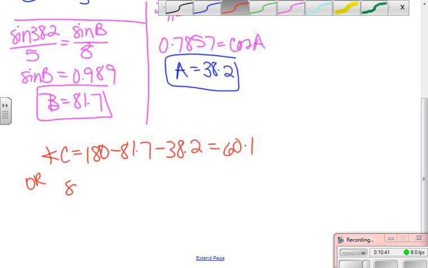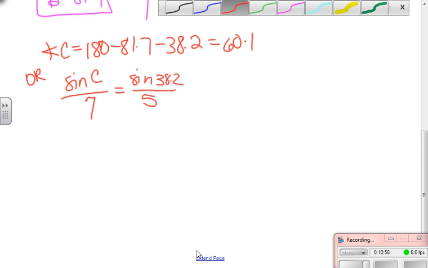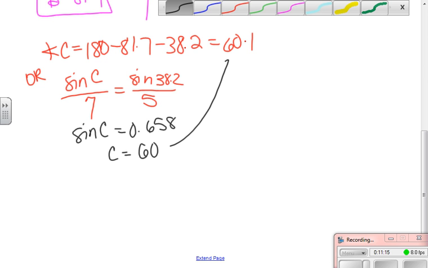Or if you say the sine of C over 7 is equal to the sine of 38.2 over 5, you end up with the sine of C being equal to 0.658, and the inverse of that value is 60. And so with our different rounding errors, you can see that you end up in essentially the same place.